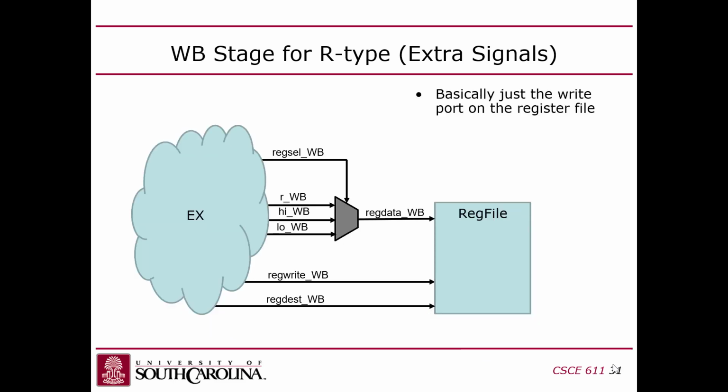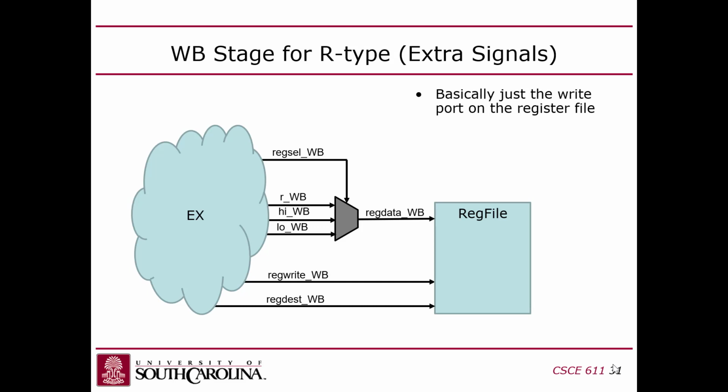Okay, and then that reg select is selecting the data that gets written back. So the reg dest is the RD field, the delayed RD field. But the data that you write back to the register file needs a mux that selects between the registered version of the low output from the ALU, and then the high and low registers.